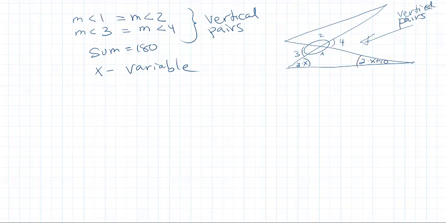The angle up here on the top left is x plus 40. And the final angle here is just 38 degrees. Let me write this more clearly: it's x plus 40 degrees, and this one here is 2 times x plus 10 degrees.